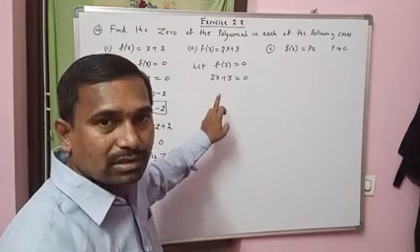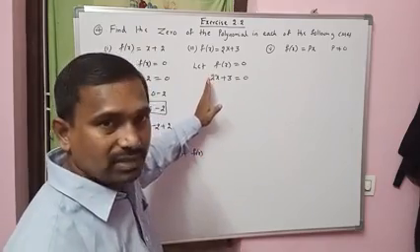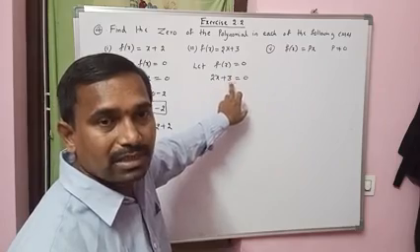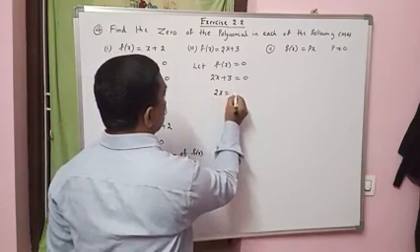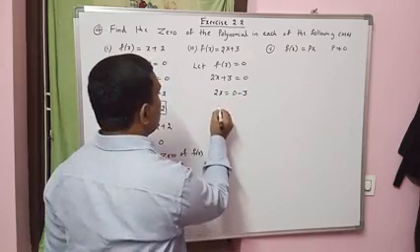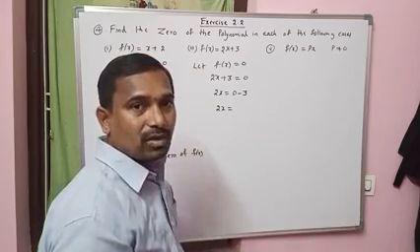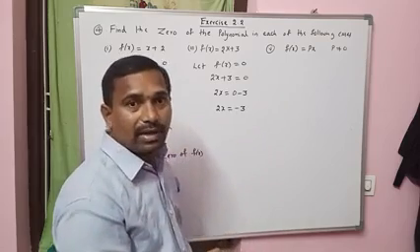We are solving: x is on the left side, the other term apart from the x term is plus 3, so transpose plus 3 to the right side. So 2x equal to 0 plus 3 becomes minus 3. Now 2x equal to 0 minus 3. What is 0 minus 3? Minus 3.